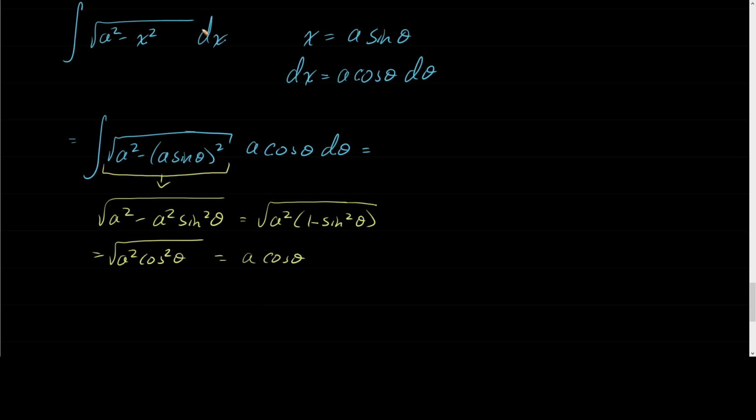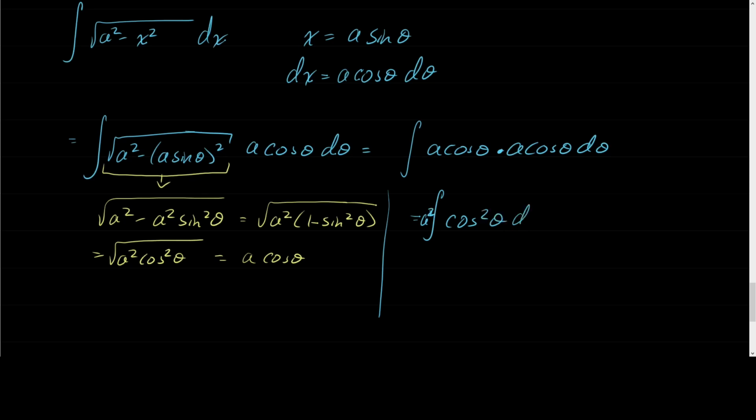So what I end up with now is that entire thing was a cosine theta, so I have a cosine theta times a cosine theta d theta. So what I really have there is just the integral of a squared cosine squared. I'll put the a squared on the outside. A squared cosine squared theta d theta. Which, well, how do we deal with that?